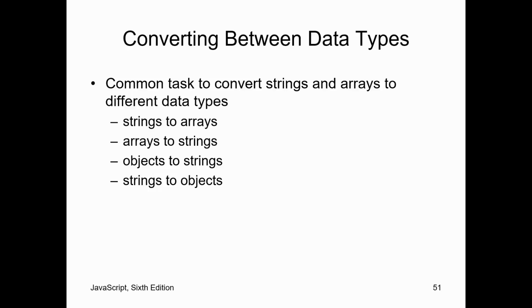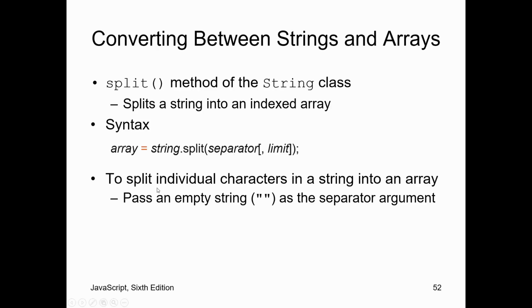Converting between data types. Common tasks are to convert strings and arrays to different data types, and they give you some examples here. So notice you've got split, which takes a string and turns it into an array. For instance, if I had a sentence, hello there, how are you?